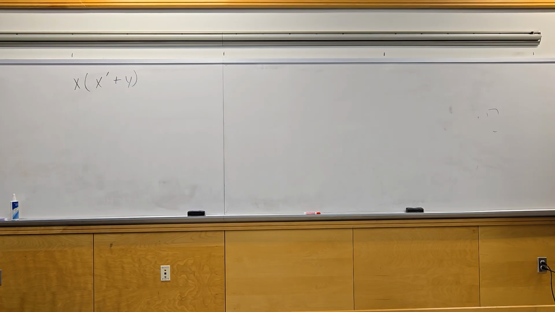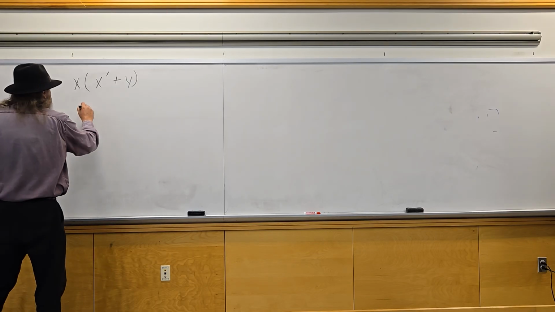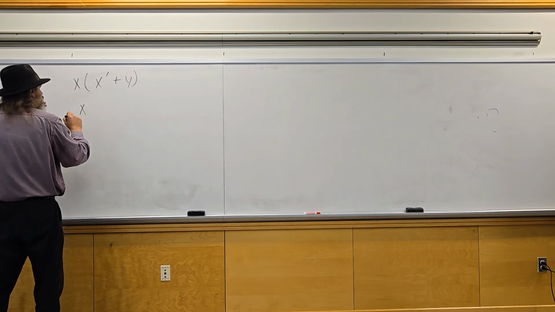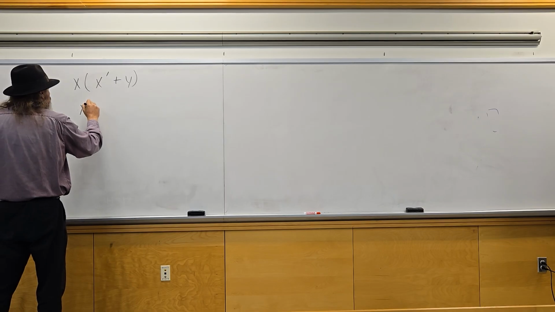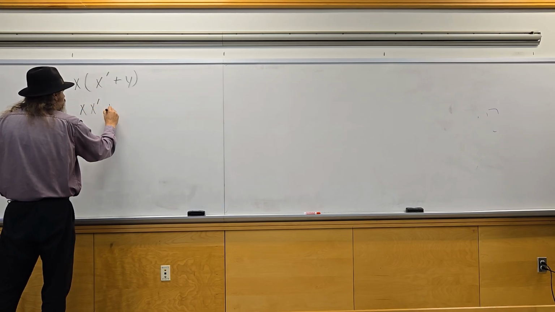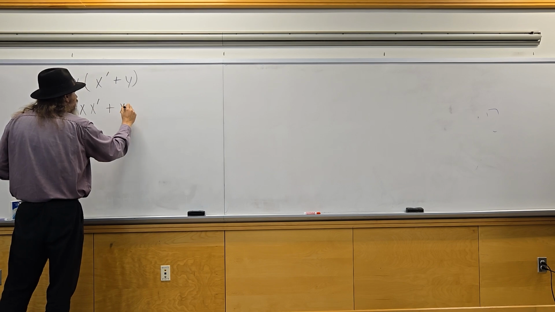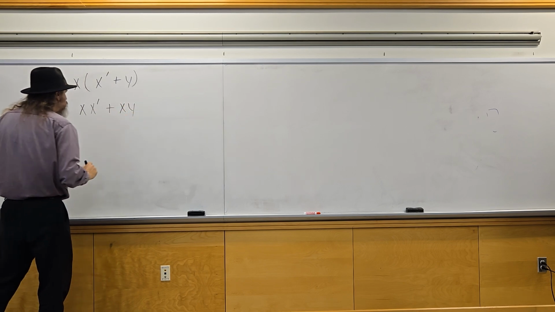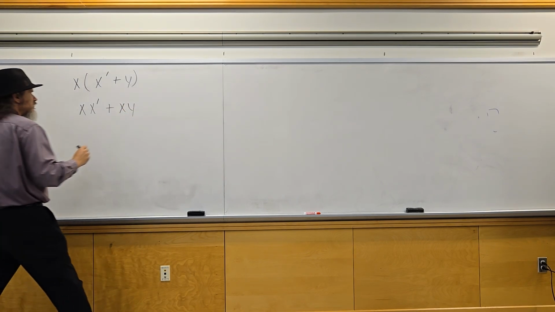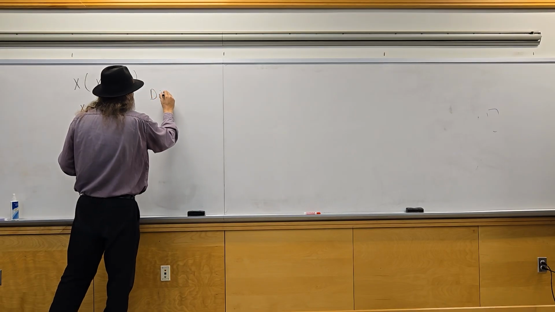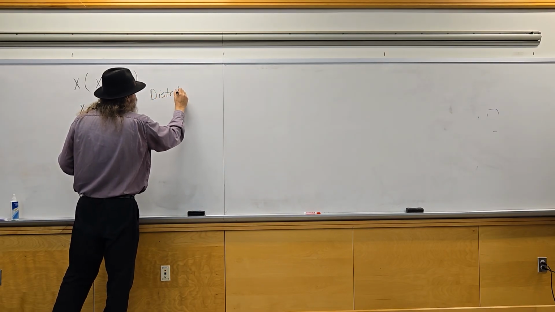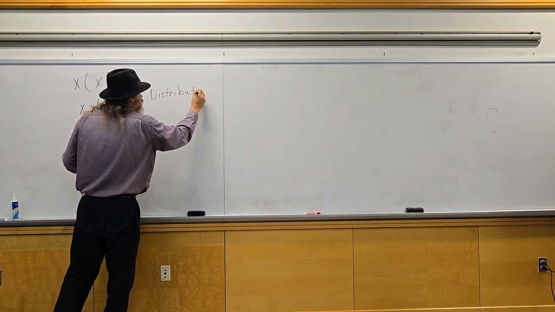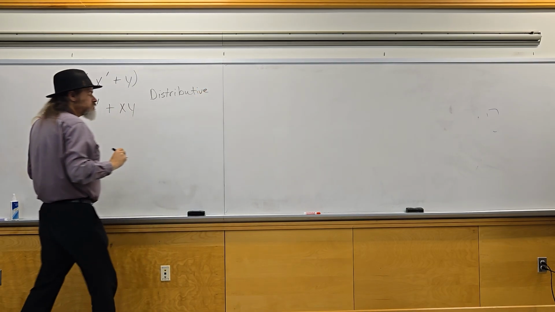First of all, you would use the distributive property: x times x prime, plus x y. That is the distributive law.